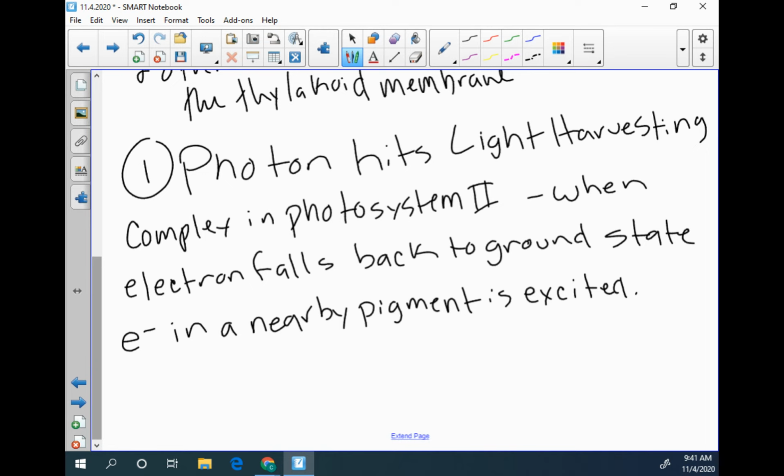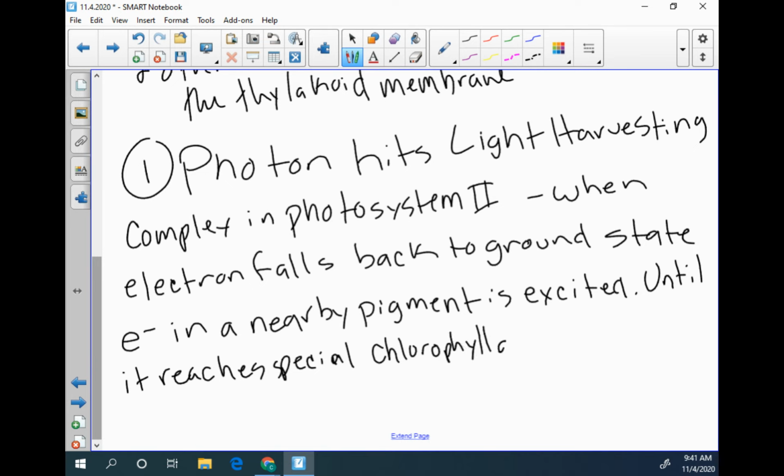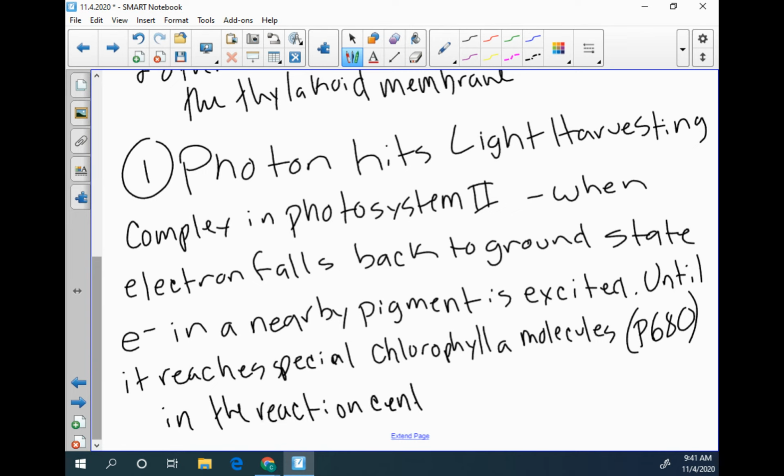So this process is going to happen until it reaches our special chlorophyll A molecules, otherwise known as our P680 molecules in the reaction center. Which is what we talked about yesterday.